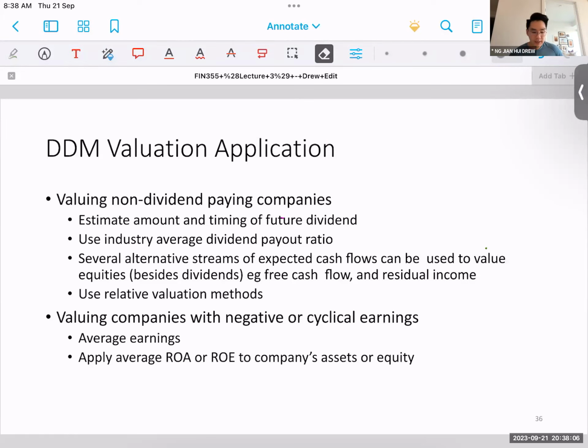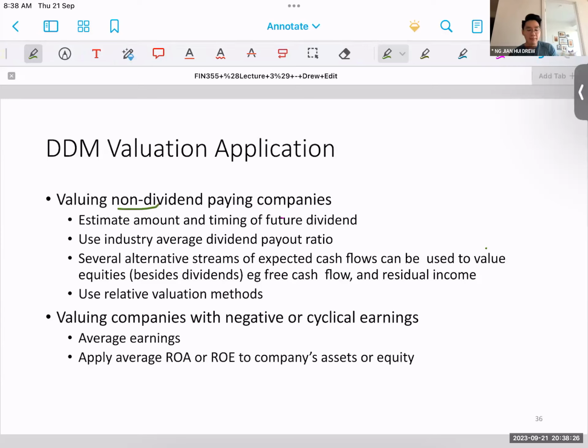Okay, so dividend valuation application. There's just a bit more theory. Valuing a non-dividend company: generally we just avoid using the dividend discount model. Or if you want to use it, we can try to estimate the timing and amount of dividends of a company that's quite similar, maybe using the industry average dividend payout ratio.